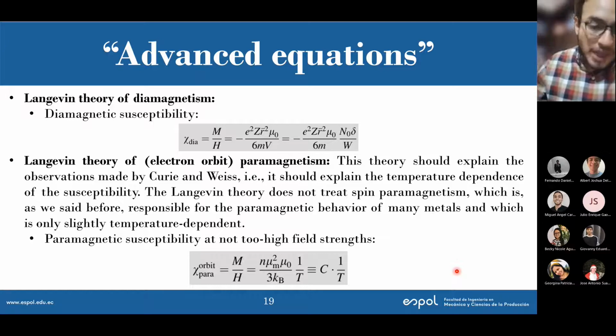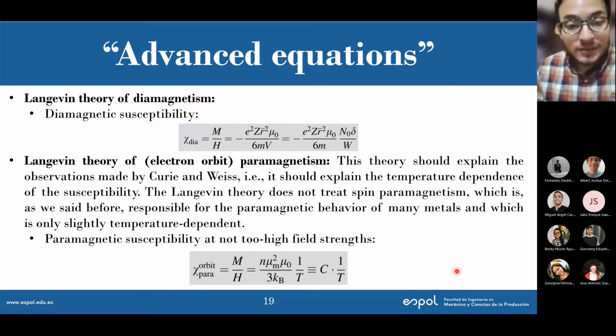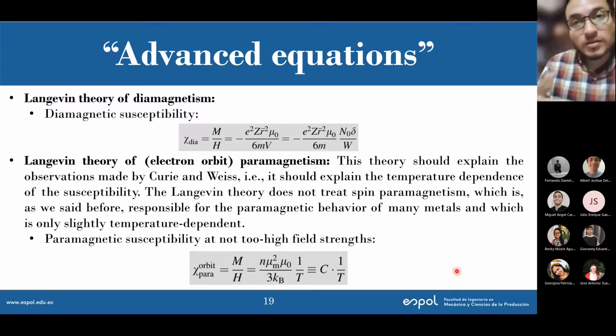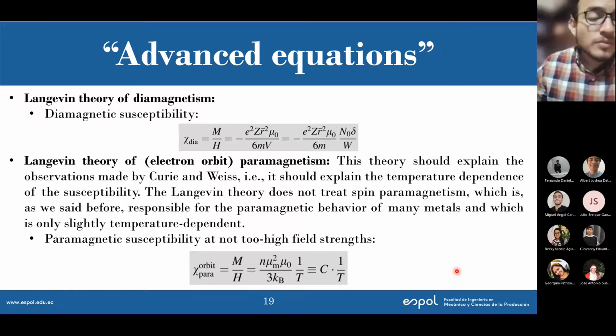He tried to support with this theory what the Curie-Weiss law did. We saw that paramagnetics do change their behavior with temperature, and so we expect that a theory trying to explain paramagnetic behavior should include a temperature term, right? So actually what Langevin did is he didn't treat spin paramagnetism.